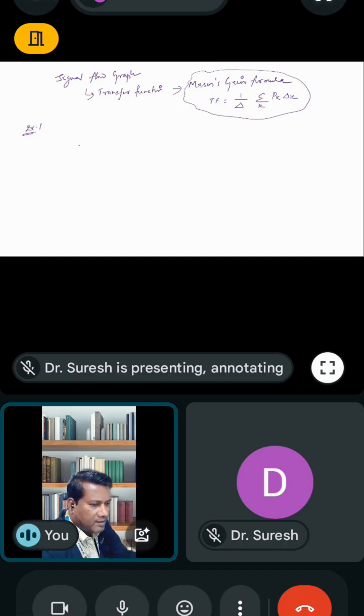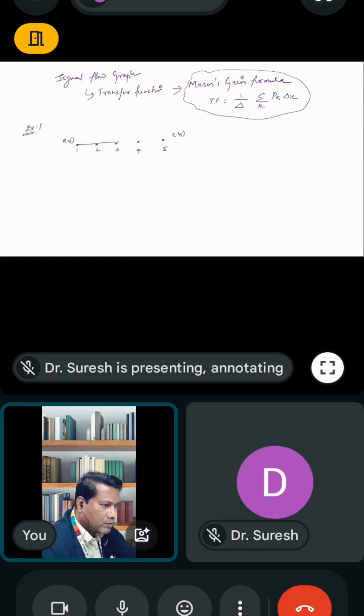It is represented in a signal flow graph. So node 1 is the input and node 5 is the output. Input is R(s), output C(s). The values between the nodes are also given.